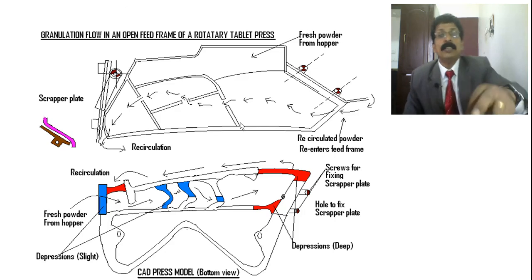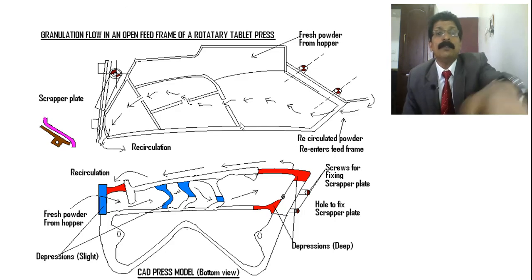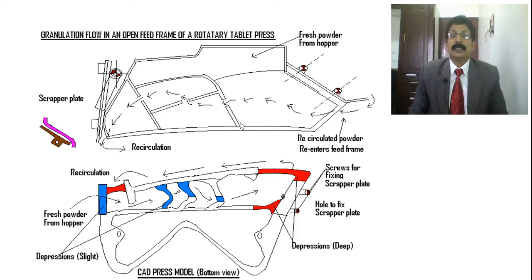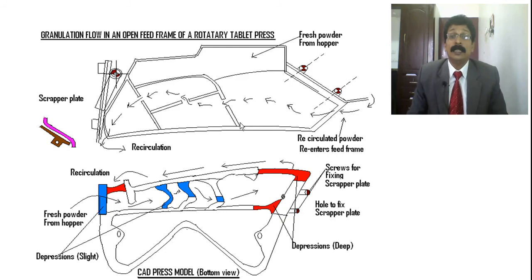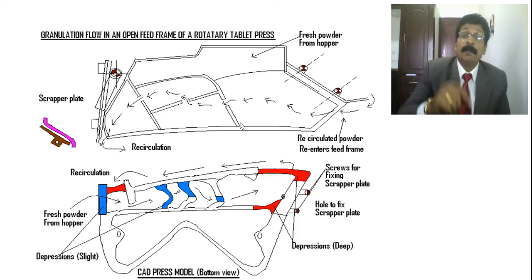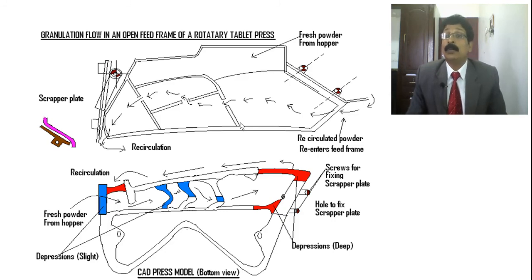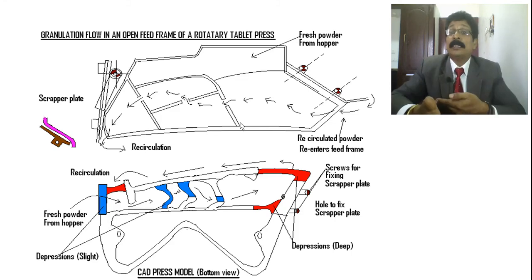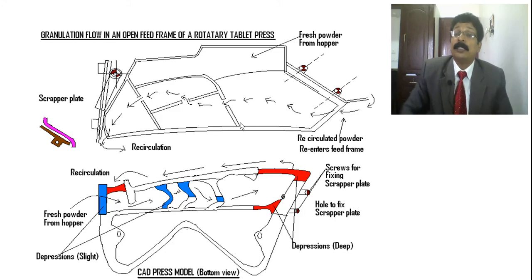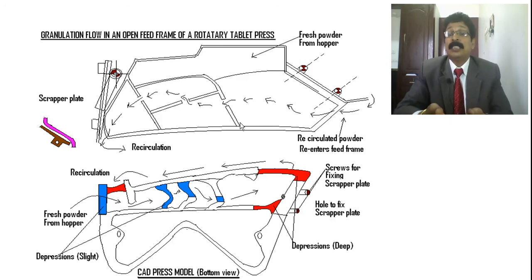So you see why I denote this red color and blue color in this place. Because the depression is very deep in the red color, and the depression in the blue color is a little less, because it is the feed frame upside down. I took a photograph and then I drew it, and at that time they would not even give us any picture, and there were no mobile facilities in the 90s.